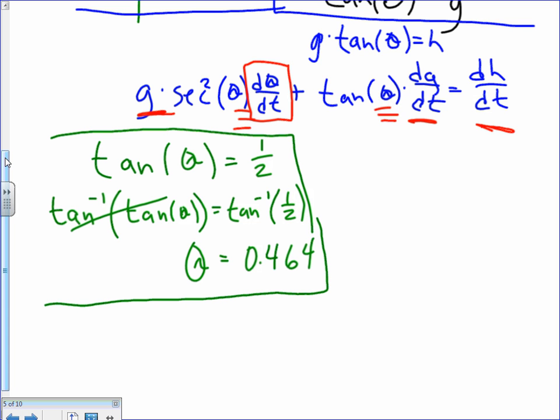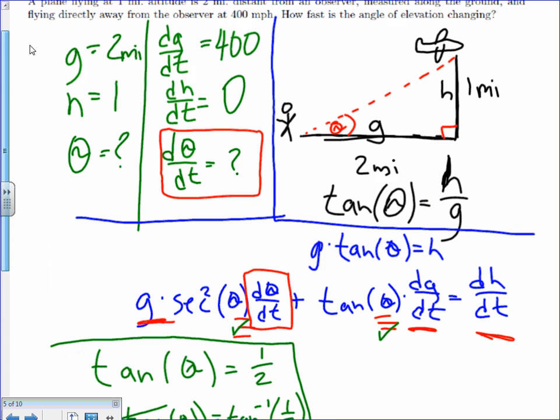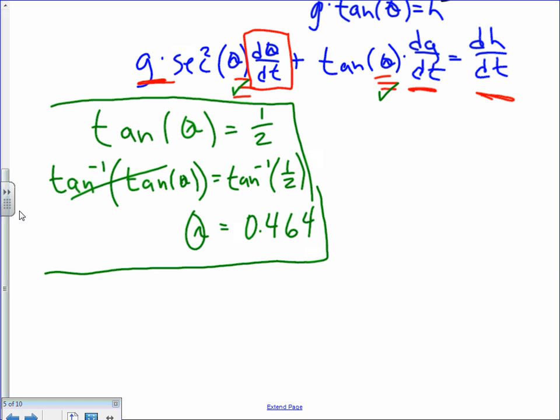All right, so now we have a value for theta. So I'm going to go up here and add my check marks under theta and theta. And now we're going to plug everything in. So G was 2, H was 1. So plugging it all in, G was 2 times, now I've got to take this value. This is hard to do on a calculator.